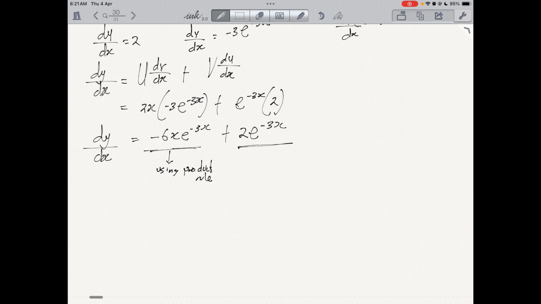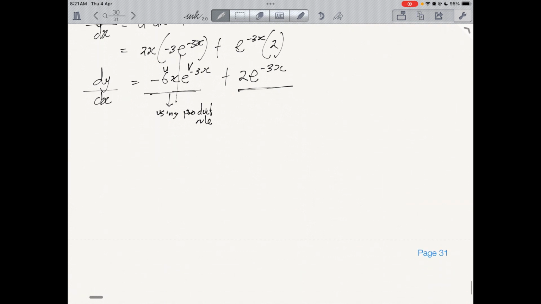So we can call this our u and we can call this our v. If our u is minus 6x and our v is exponential minus 3x, then our du dx is equal to minus 6 and our dv dx is minus 3 exponential minus 3x.